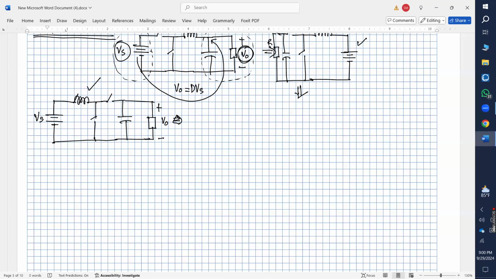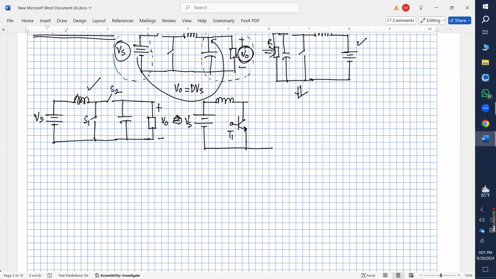So what we can do here for this switch now, suppose this is my source voltage Vs, this is my inductor. Then instead of this switch, suppose this is my switch 1, this is my switch 2. So we are considering a transistor here, which is my T1.